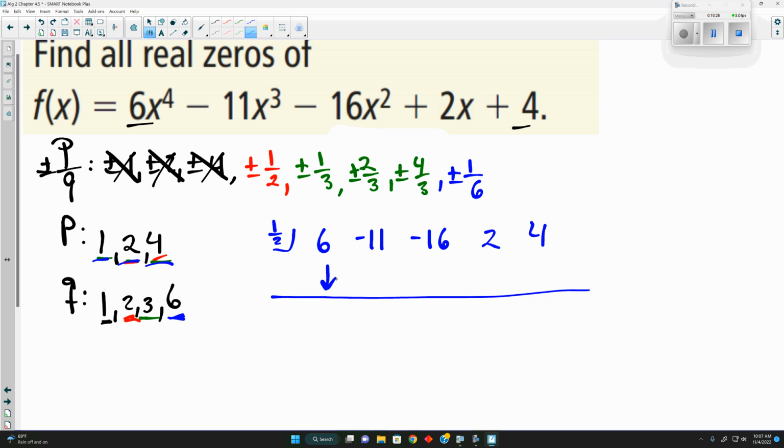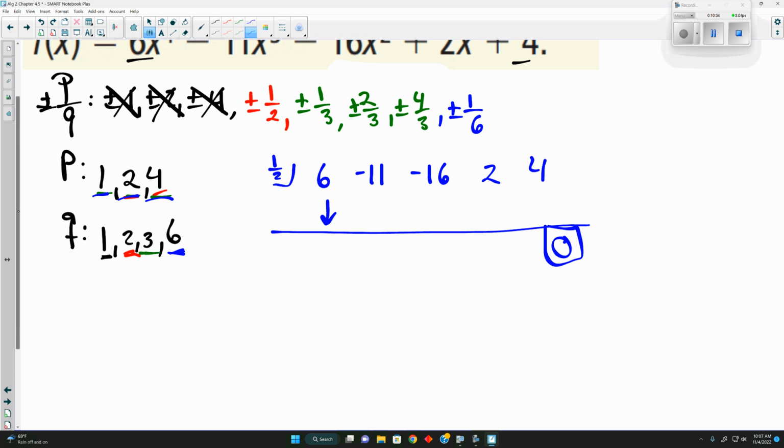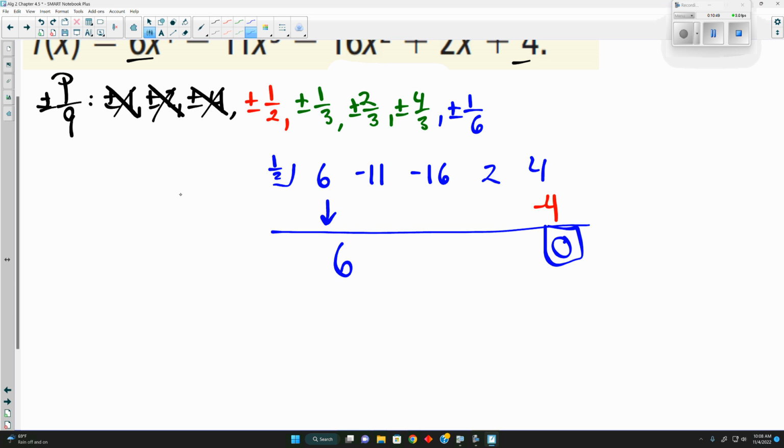we know already that this number over here is going to be 0, which hopefully means that this number is going to be negative 4, because that's the only way we can get a 0. Now, if we work this through here, well, 1/2 times 6 is what? 3.